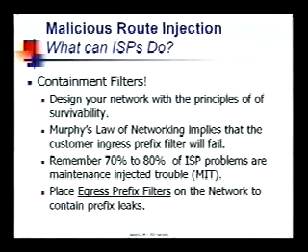So you have to design your network with principles of survivability. Murphy's Law of Networking says that someday the prefix lists on your customers could break, okay? And we know this because our number one problem with stability on the internet is maintenance-injected trouble. Somebody going in there with fumble fingers and doing something and breaking their own network, right? Our biggest problem with stability on the internet is us breaking our own networks.